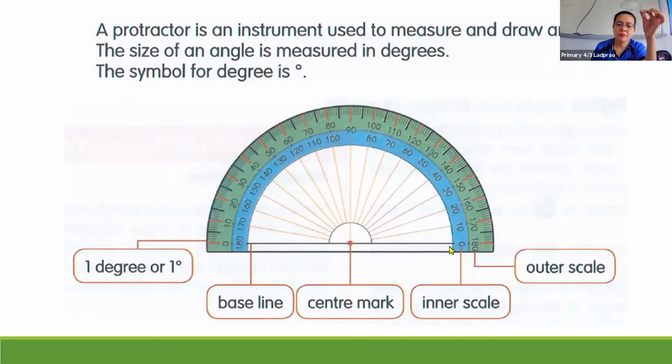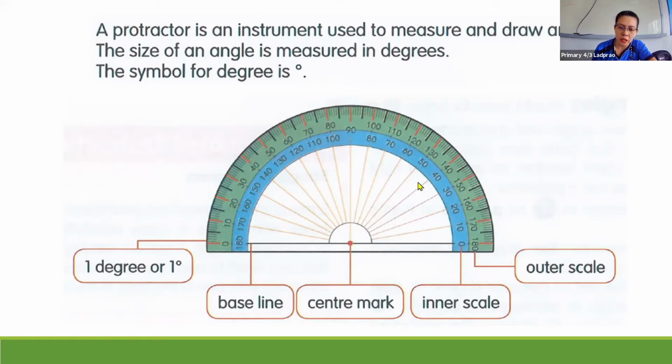And then, you see this 0, the numbers that are in blue, this is the inner scale. And the numbers that are in green, this is the outer scale. Later, I'm going to explain when we are going to use the inner scale and the outer scale.